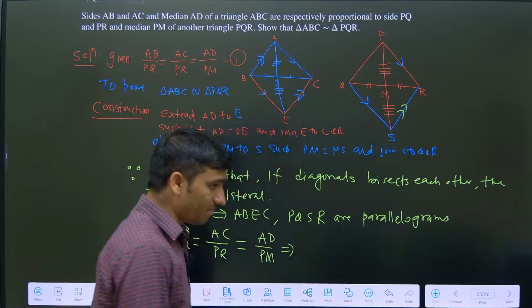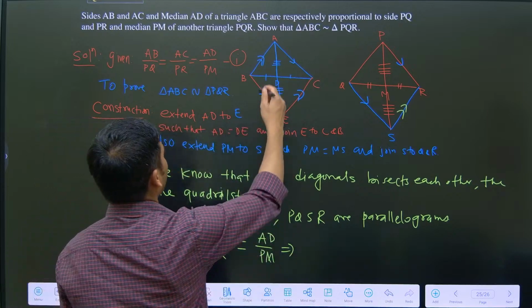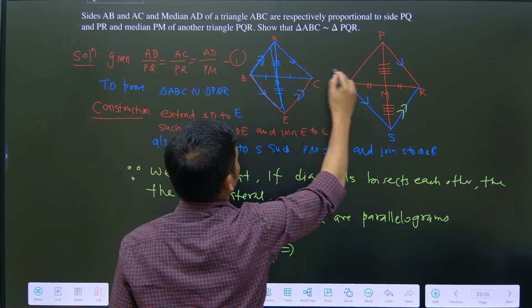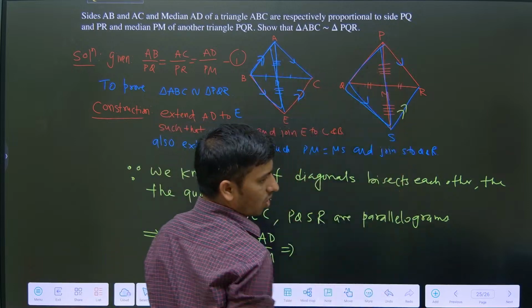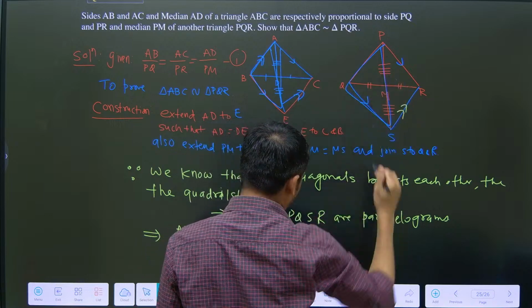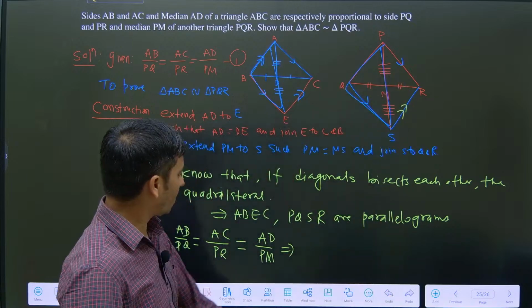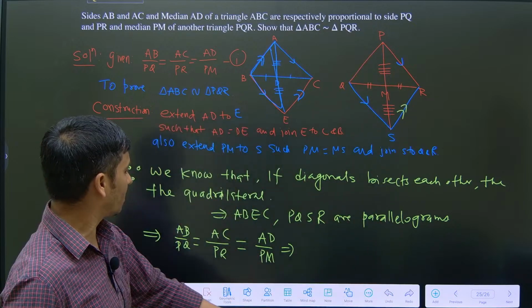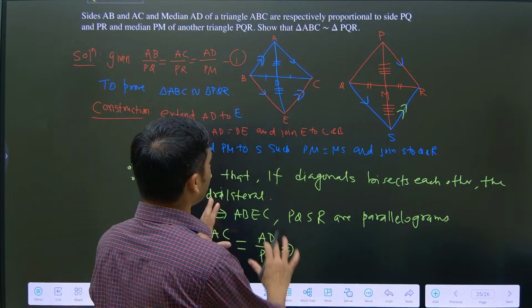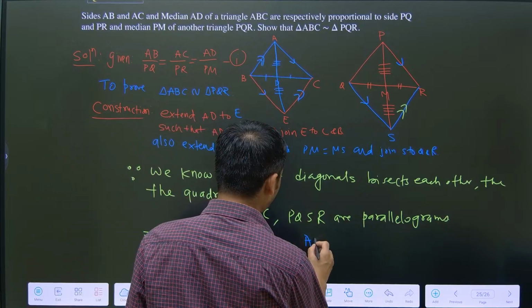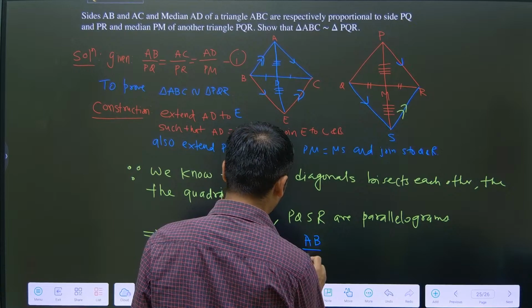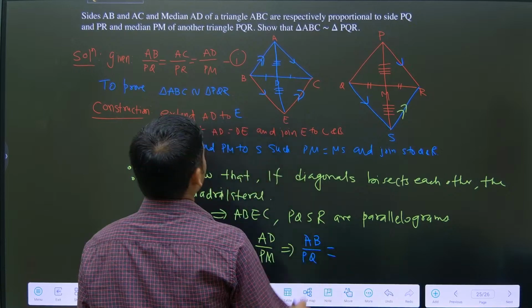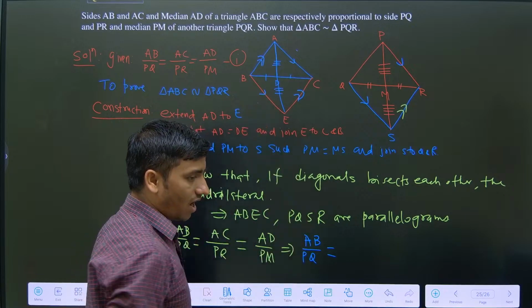So what I am trying to do now here, guys, I am trying to prove this triangle and this triangle similar. One can prove this triangle and this triangle also similar. And for that, we must know the relation between the sides. So AB upon PQ we don't have to disturb. We write it as it is. AB upon PQ is equal to AC and BE. Are they same?